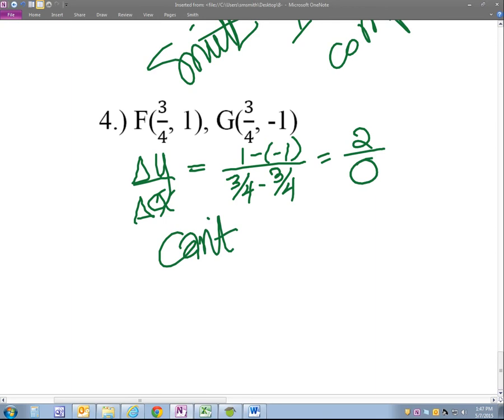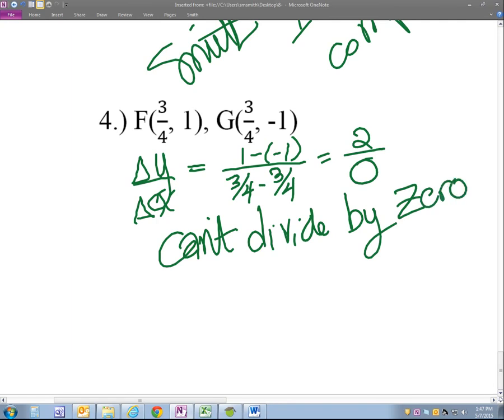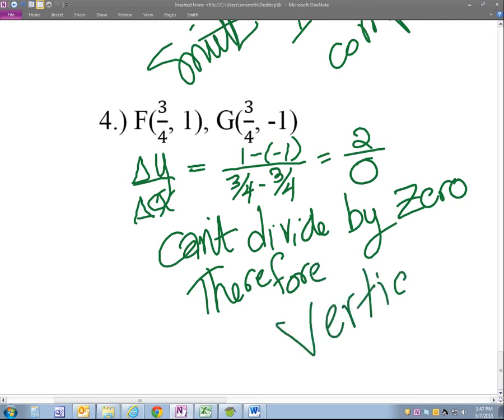Can't divide by 0. Therefore, it's a vertical line. Because if the x's don't change, but the y values can be anything, that means it's going to go straight up and down. So what's the answer? Vertical line.